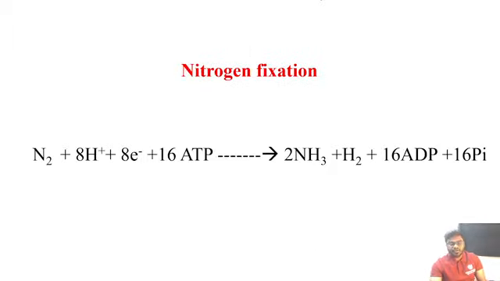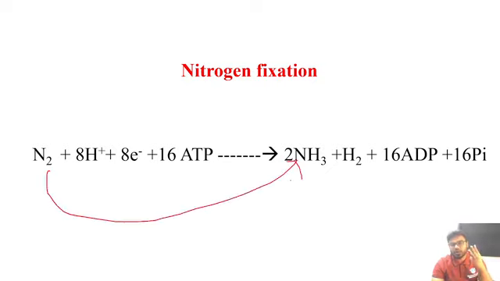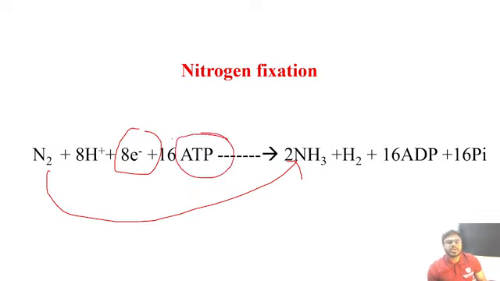So finally we understood that nitrogen can be converted into NH3 in how many steps, friends? Total 3 steps. In total we are using 4 pairs of electrons, that is a total of 8 electrons, and we spent how many molecules of ATP, friends? 16 molecules of ATP.